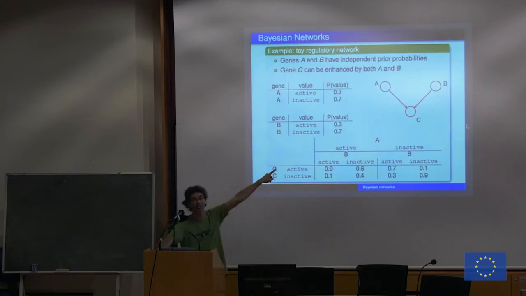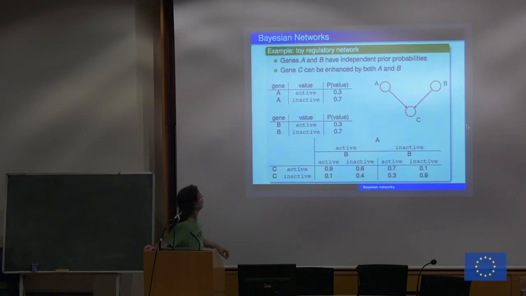Now, this is G, the graphical structure. And now P, as I said, has to be decomposed into the conditional probability distribution for each node given the parents. Suppose that here we represent gene expressions in two levels, active and inactive. In this discrete case, conditional probability distributions can be represented as conditional probability tables.